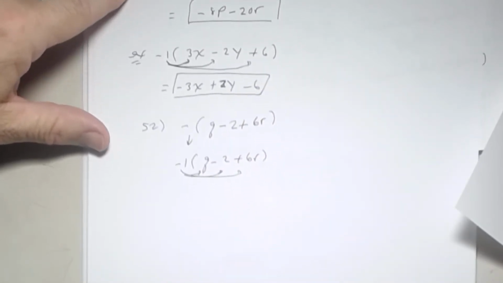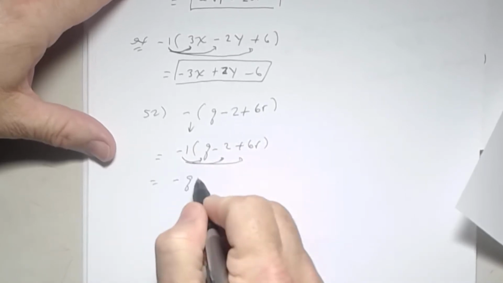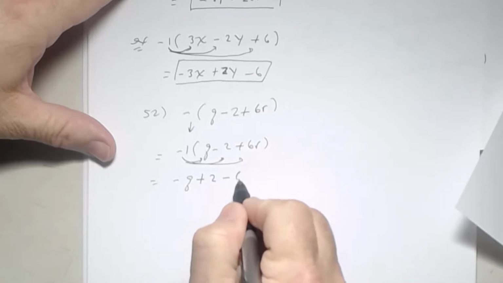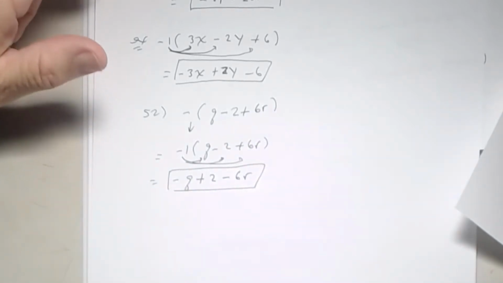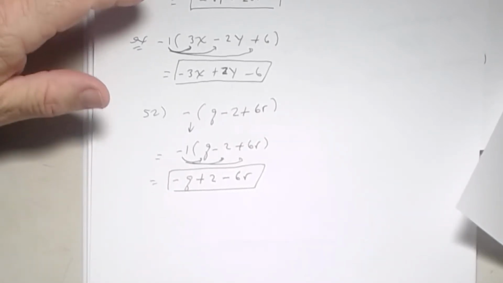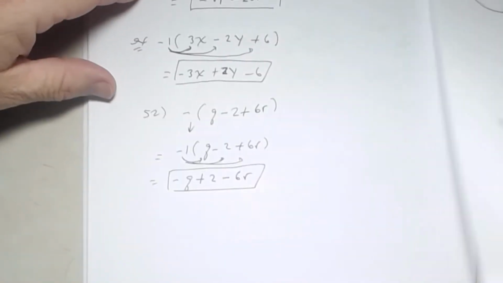So if I distribute a negative 1, what's the answer? Plus 2, right? And then what? Minus 6r. Okay? All right, 56.